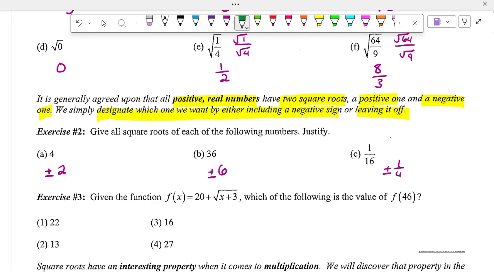Because, guys, again, is it not true that these equal exactly the same thing? Does 2 squared and -2 squared both equal the same thing? Yeah, they both equal 4. So that's what this means. It represents us writing both of those separately.